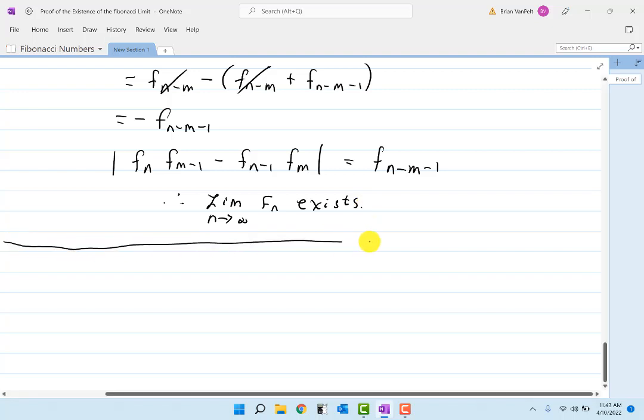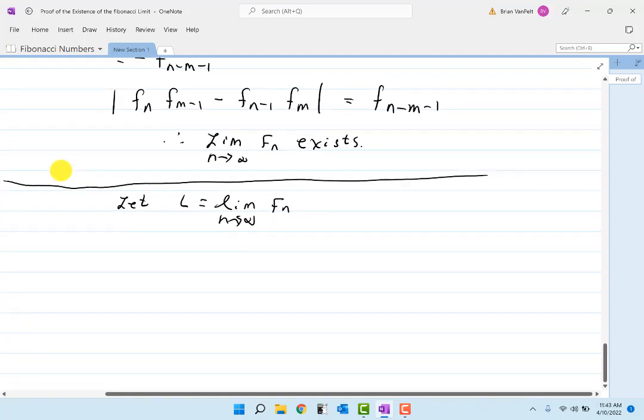And then finally, to get the limit itself, let L equal the limit as n goes to infinity of capital F sub n.